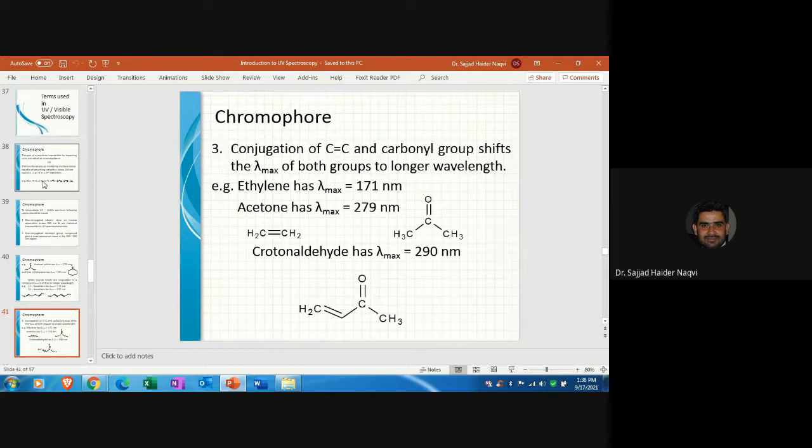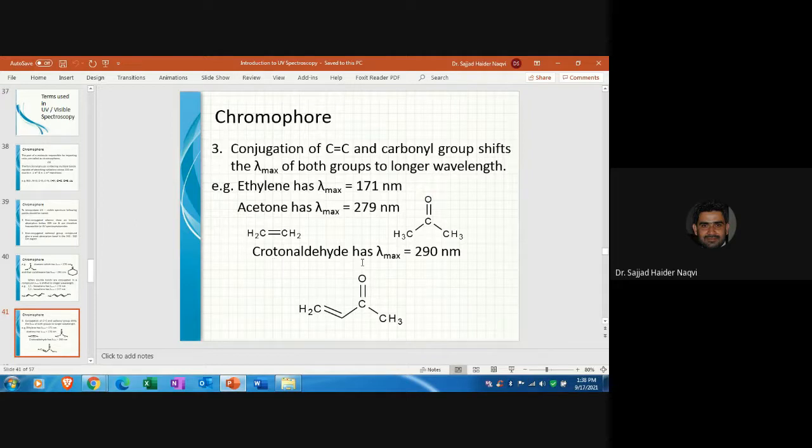Ethylene has a maximum absorption at 171, while in contrast, acetone has an absorption maximum at 279 nanometer. And we know that acetone has the carbonyl group, as you can see here, in contrast to ethylene, which doesn't have. Then we have another example of crotonaldehyde.